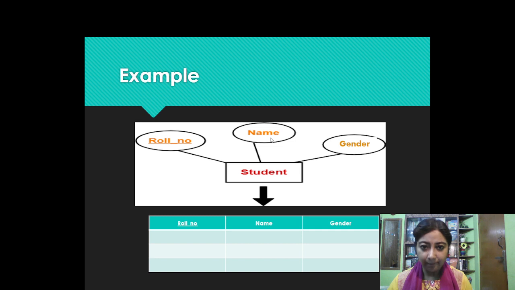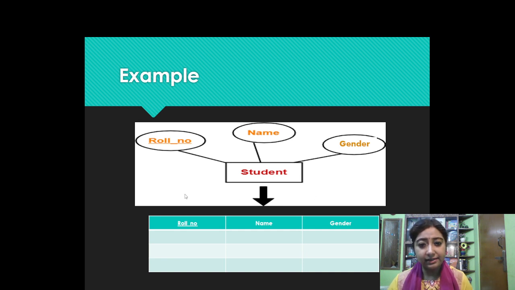Then name, and another one is gender. We can consider this student as a strong entity because it contains one primary key, and the primary key in this entity is roll number. So rule number 1 can be applied in this example.